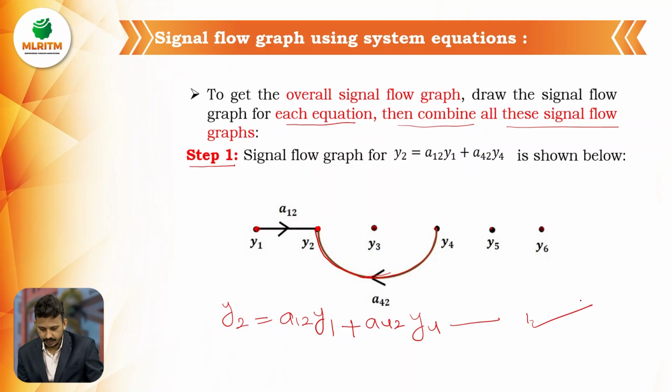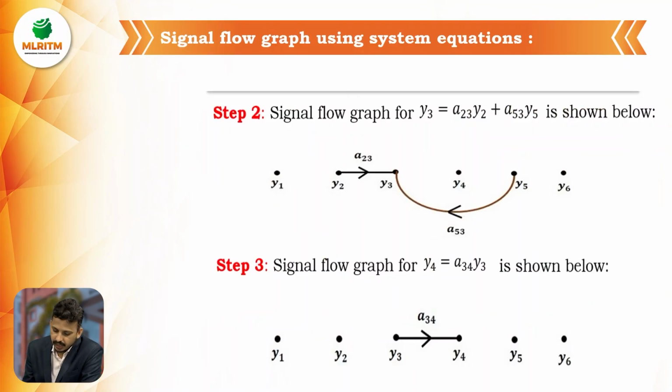Okay. Next step. The second equation is y3 is equal to a23 y2 plus a53 y5. So I am considering that at node 3, there are two signals entering. First signal is this and second signal is this. So the first signal y2 is multiplied with the gain a23.